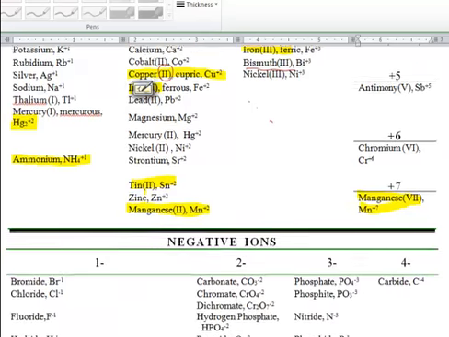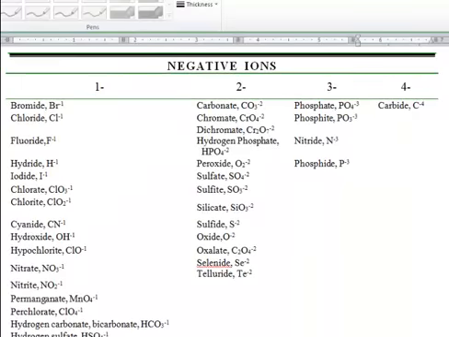For the selected negative ions, you will see the familiar ones: the bromide, the chloride, the fluoride, and the iodide. Those are the typical ones. These are the monoatomic ions for the halogen small elements.